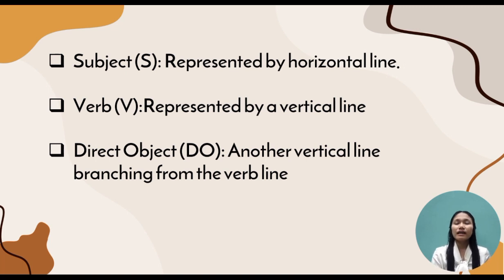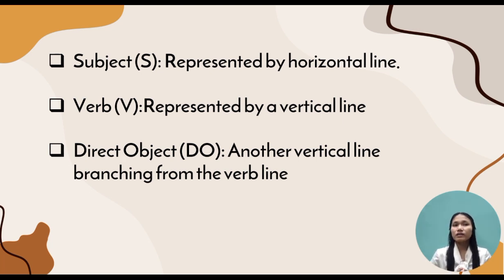As I said earlier, in sentence diagramming we use a set of symbols and lines to represent our diagram. The subject is represented by a horizontal line, whereas the verb is represented by a vertical line.